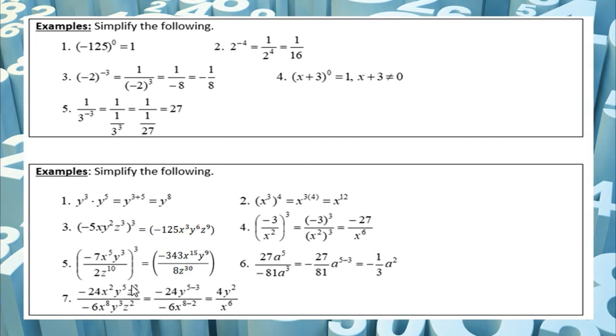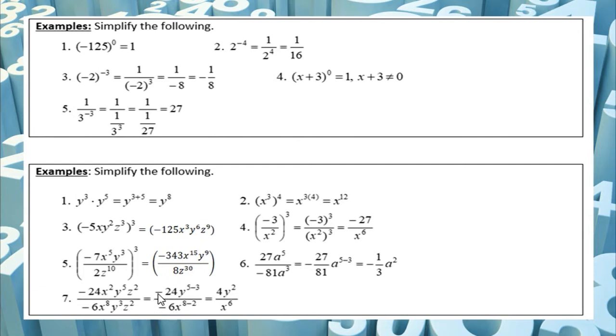For y, the larger exponent is in the numerator, so we subtract here, giving y to the power of 5 minus 3. And then, there is no more z since 2 minus 2 is 0. So, z to the power of 0 is 1, so it is not included, because it is times 1 anyway.